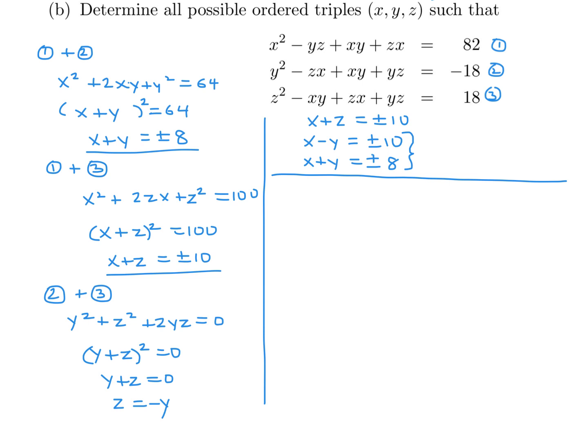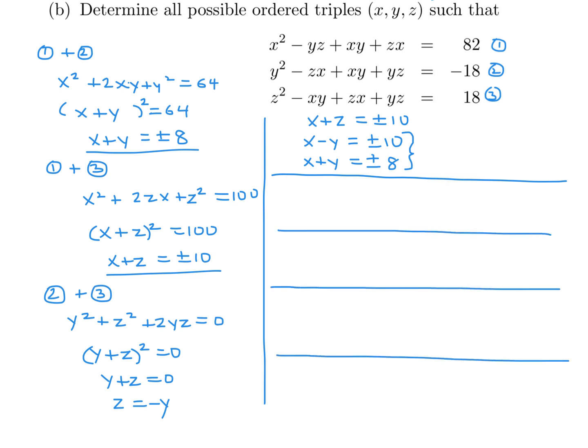So I guess we've got 4 scenarios, right? I can fit those scenarios in here. The first scenario is when x minus y is equal to 10 and x plus y is equal to 8. The next scenario would be x minus y is equal to negative 10 and x plus y is still equal to 8.